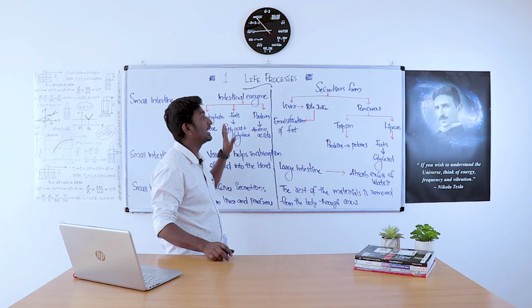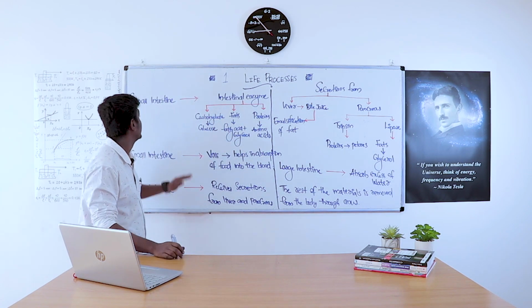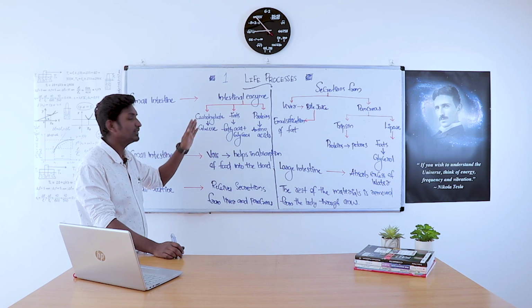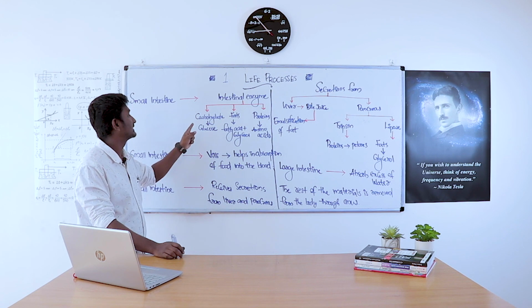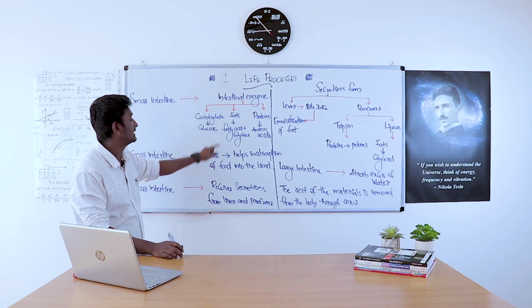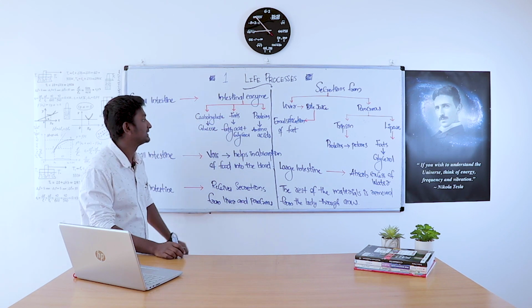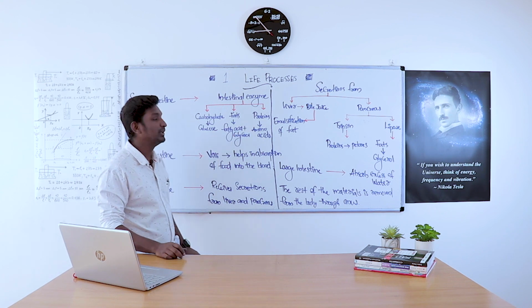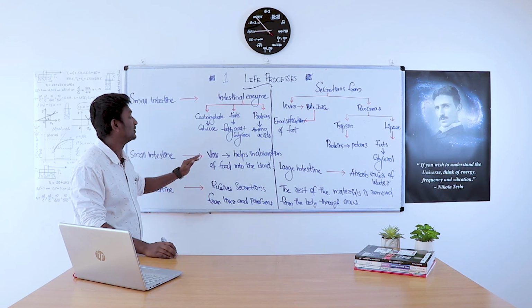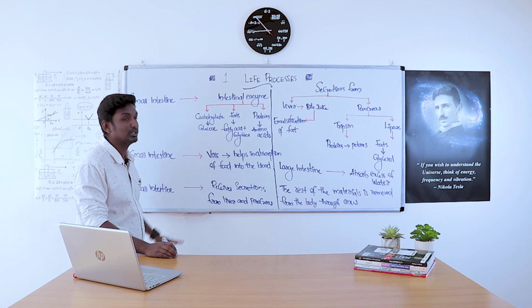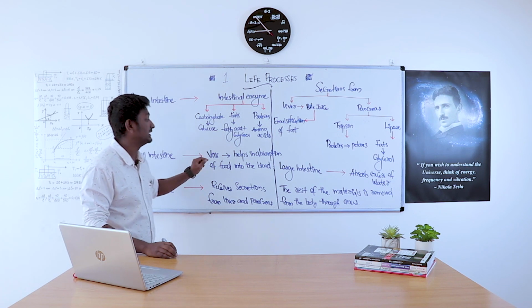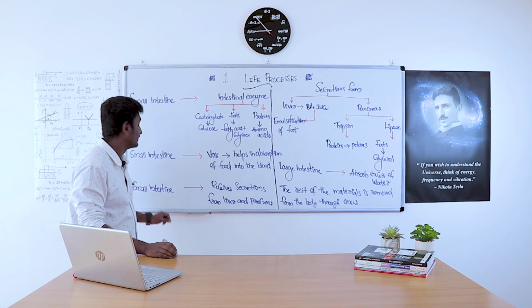So these all are the functions of small intestine. Small intestine contains the enzyme intestinal enzyme. This converts carbohydrate to glucose, fats to fatty acids and glycerol, proteins to amino acids. Also small intestine contains small finger-like projections called villi which help in absorption of food into the blood.